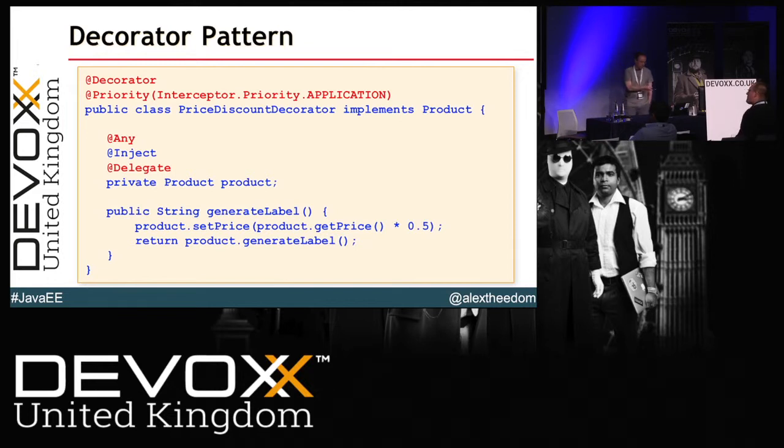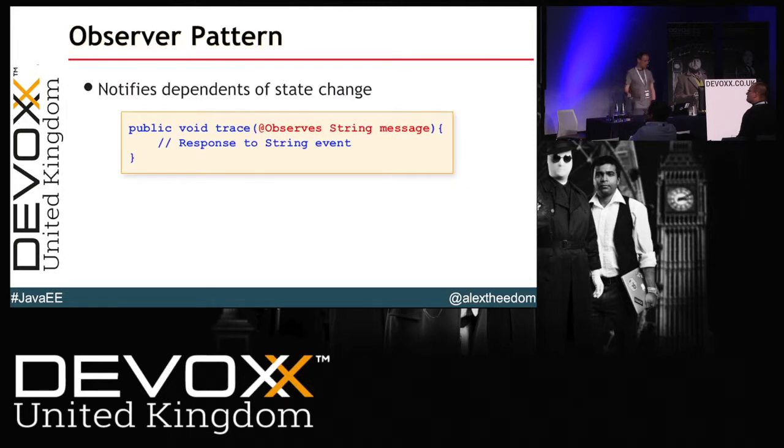The price is reduced by 50%, as you can see here, and then the original call is sent back to the preceding object.